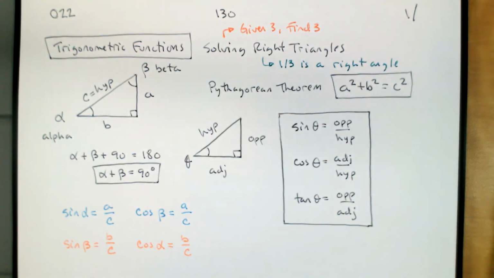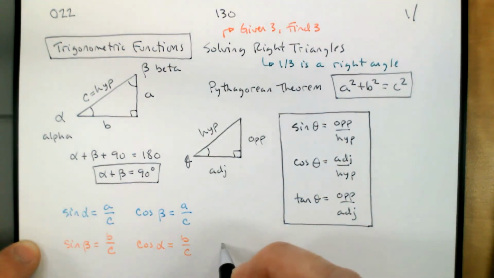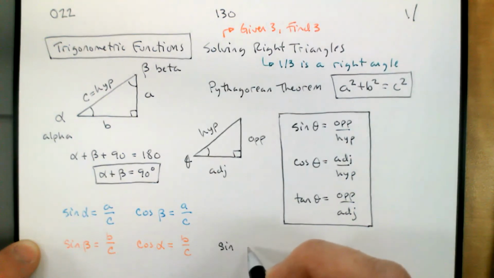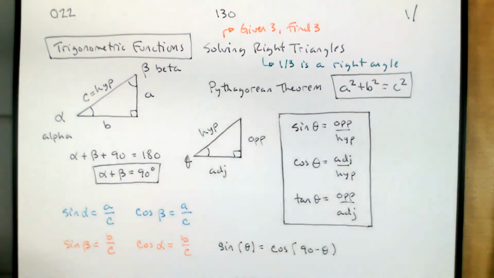So we can combine this and note that the sine of theta is the cosine of the complement: sine of theta is cosine of 90 minus theta. We could also say that cosine of theta is the sine of 90 minus theta. Cofunctions and complements.